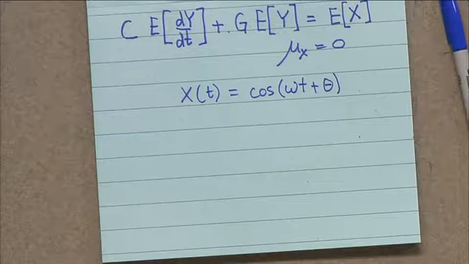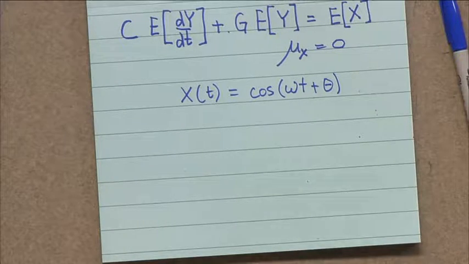If theta varies over a range of 2 pi, whether between minus pi and plus pi or between 0 and 2 pi, its mean value is 0.